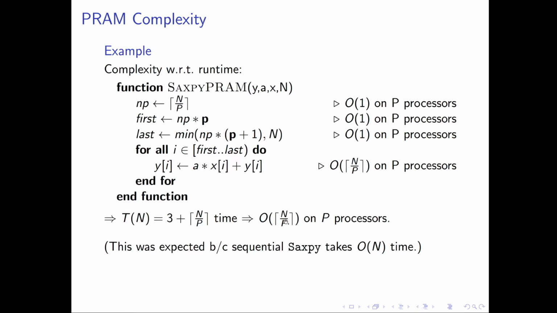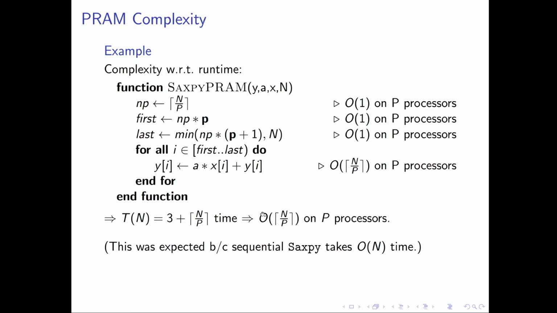I mean, this was kind of expected, right? Because we know the runtime of the sequential algorithm, which just happens to be O of n, because it's just an iteration over an array of size n. And now we can also assess the costs of this algorithm.